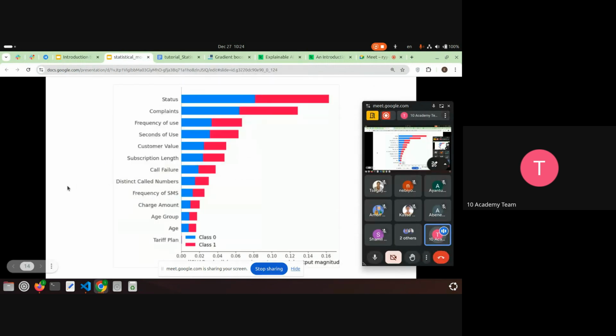The output of this library shows you a weight of importance for each variable you have. You have the magnitude down here, and these are in order of importance. The status is the most important one, and then it goes down.